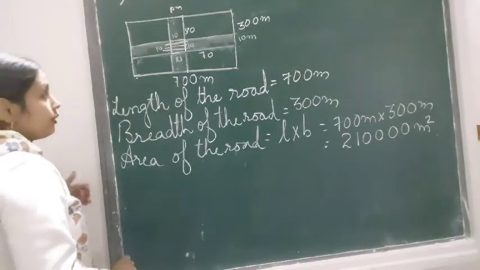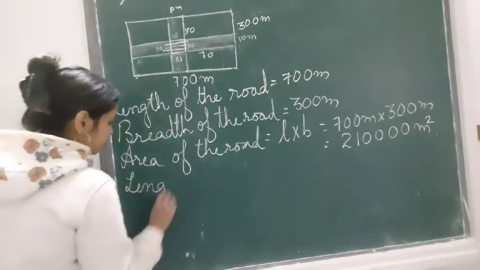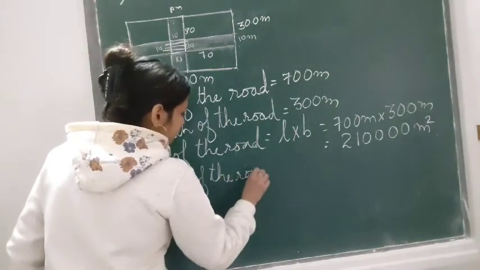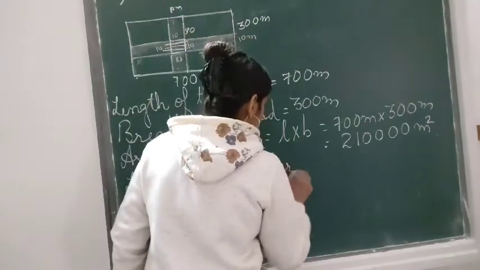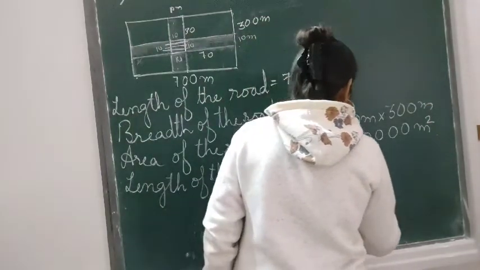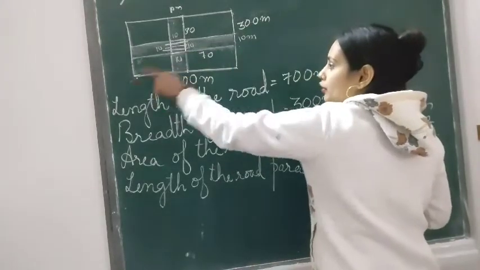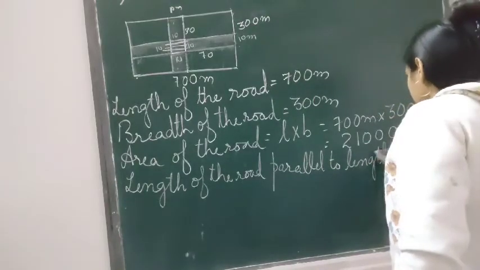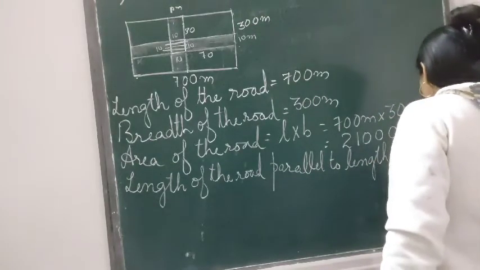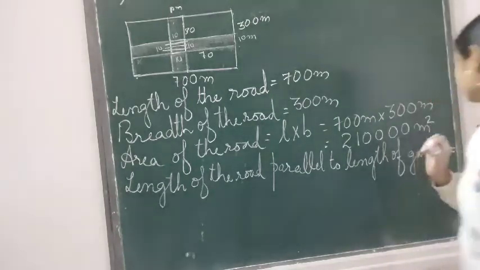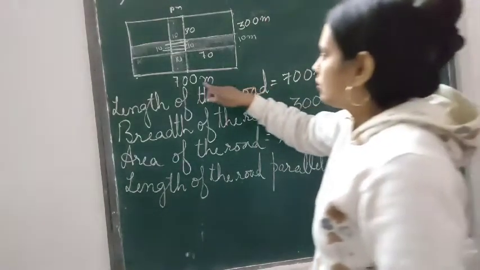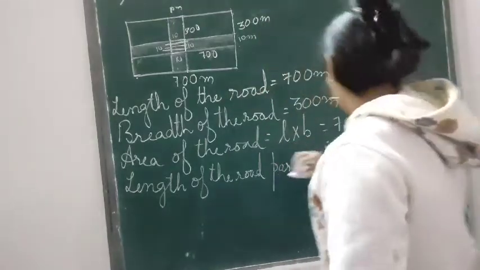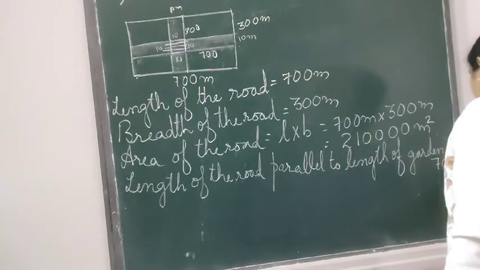For that we need to know the length and breadth. So we write the length of the road parallel to, now this length is parallel to whom? To the length of the garden. So we write parallel to length of garden, which is equal to how much? 700 meters.